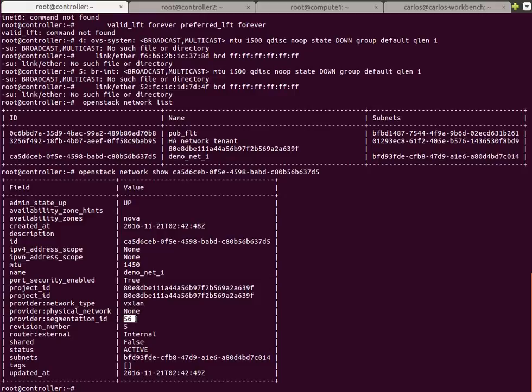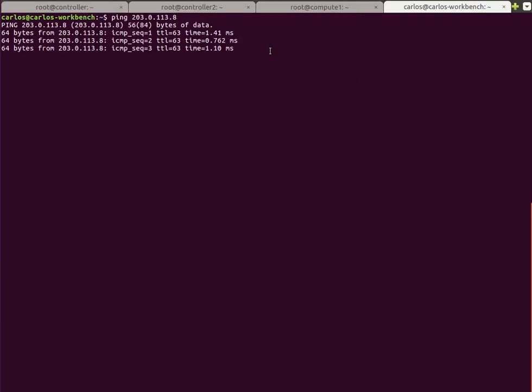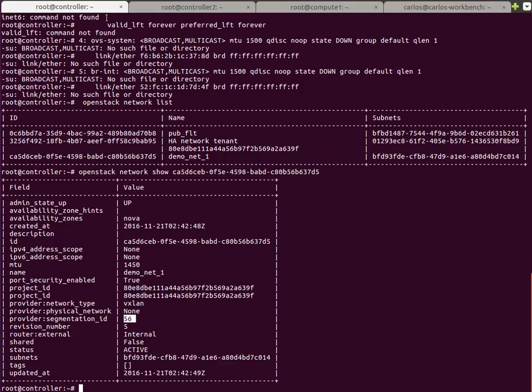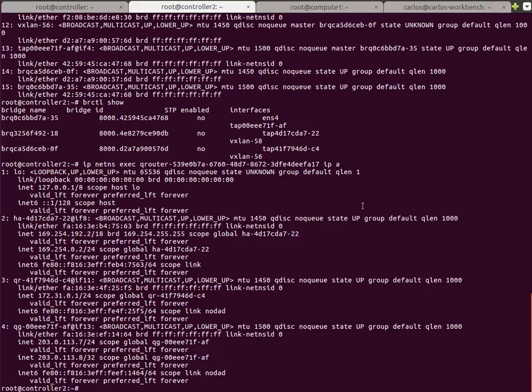So how does north-south traffic traverse our setup? Let's say we have a client sitting outside who's trying to ping 203.0.113.8. When this packet comes into our cloud, it would hit the network namespace, in this case qrouter 539E. It would hit the public IP, the interface that's holding the floating IP.